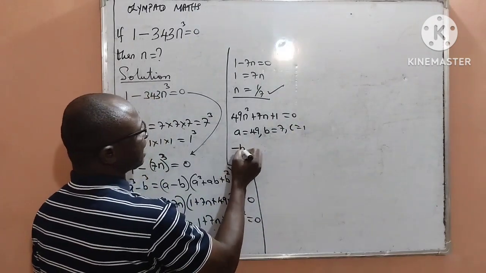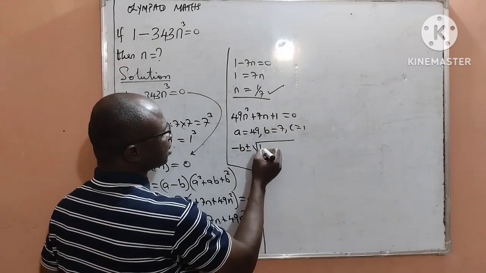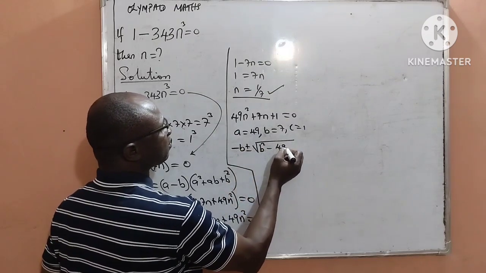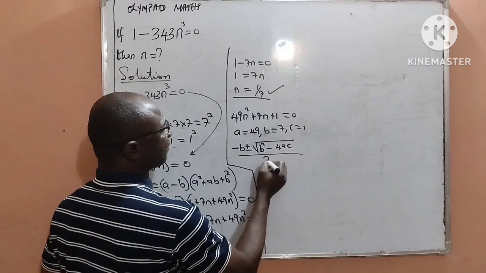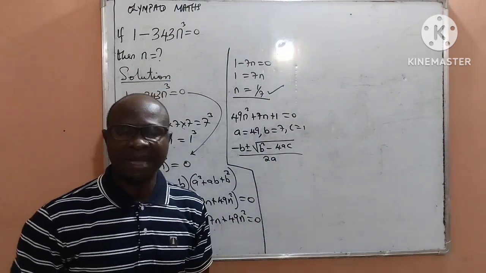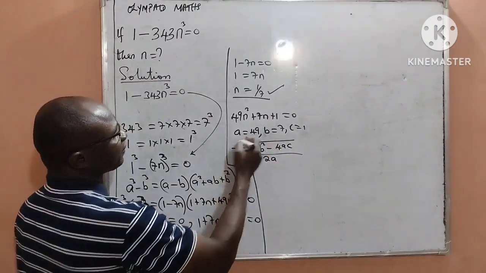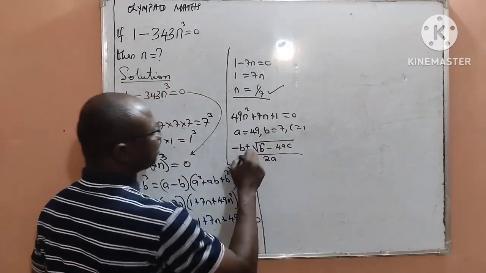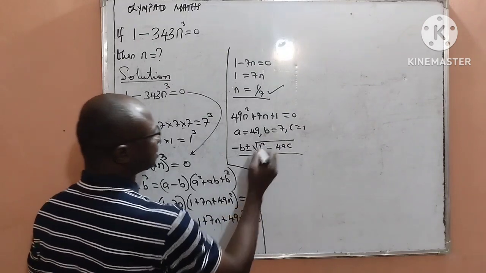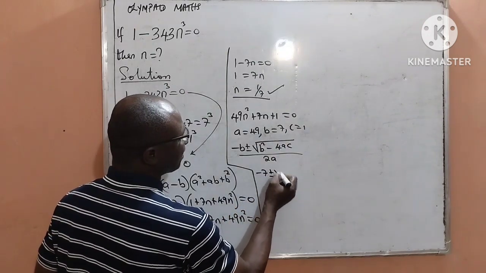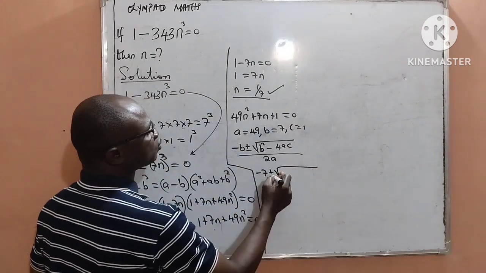The quadratic formula says that minus b plus or minus square root of b squared minus 4 multiplied by a multiplied by c, everything divided by 2 multiplied by a. Now, substitution. The values of a, b, and c are known.